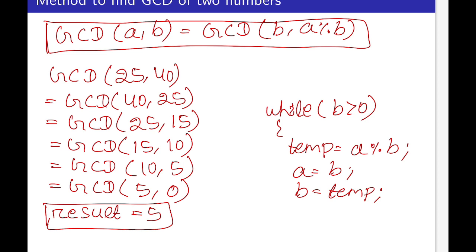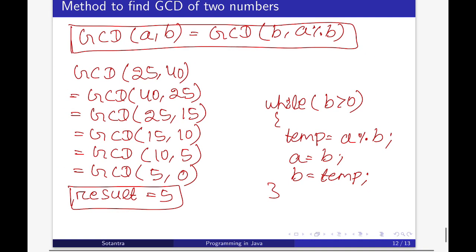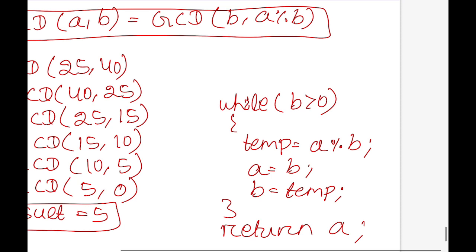So inside the loop we are updating the values of a and b, and when the value of b becomes 0, at that time the value of a is the GCD. So when the loop terminates, we can write return a. So a is the GCD.